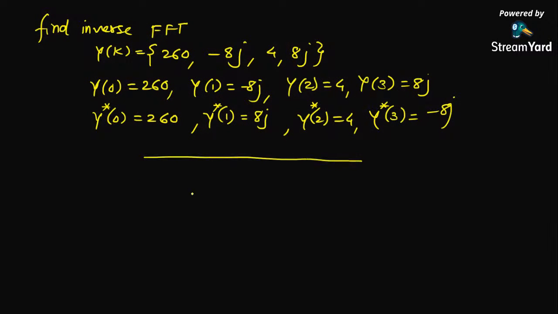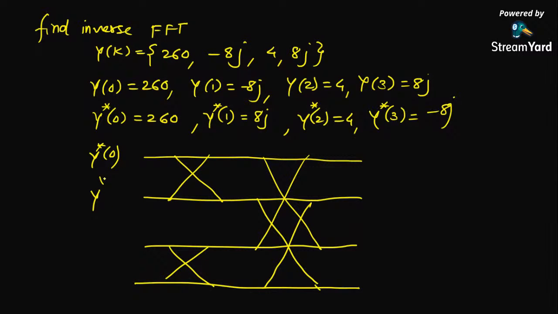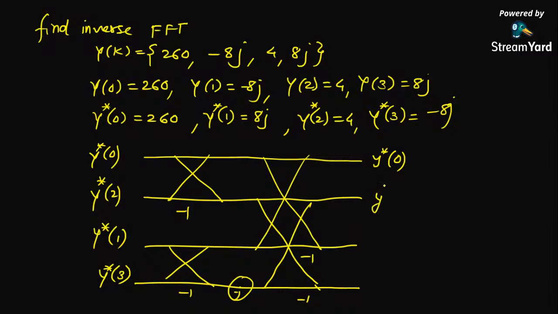Now use the 4-point flow graph. So here the inputs will be the complex conjugates of y0, y2 (out of order), y1, y3, with the twiddle factor -1 and -j, and the outputs are the complex conjugates.